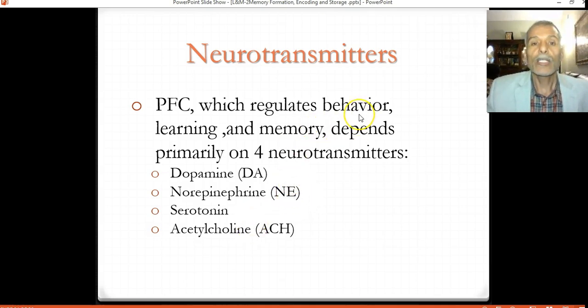So it regulates your behavior, your learning, your memory, and it depends on 4 primary neurotransmitters: dopamine, norepinephrine, serotonin, and acetylcholine.